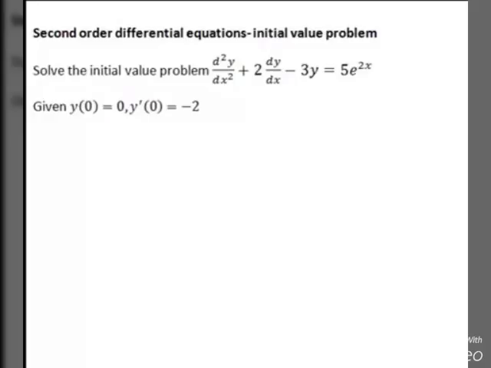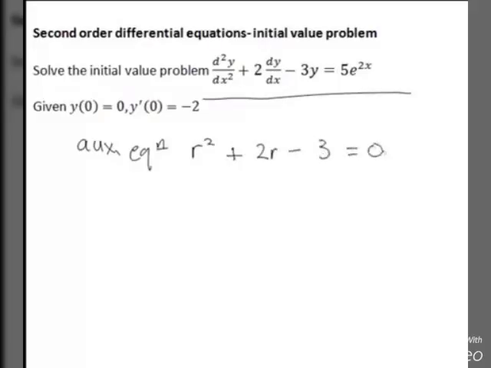Then we substitute in those initial conditions. So the first step with any second order linear DE of this form is to start by finding the auxiliary equation. And in this case, because we have the second derivative of y with respect to x plus 2 dy/dx minus 3y, the auxiliary equation is going to be r^2 + 2r - 3 = 0.